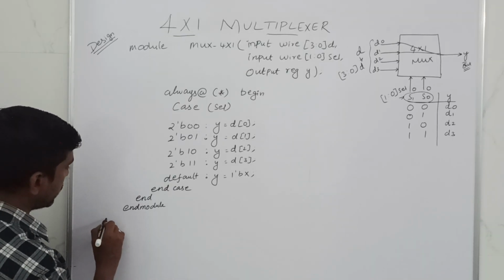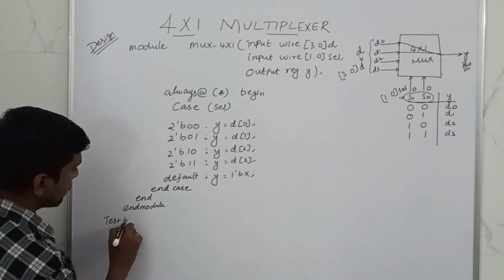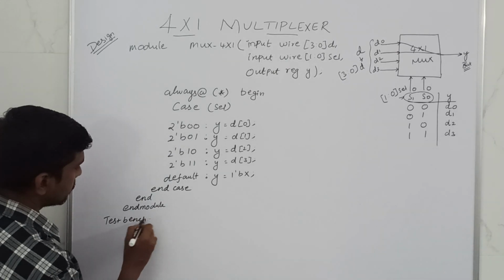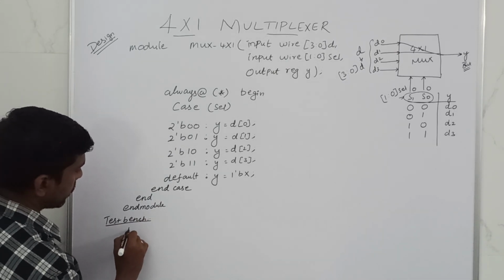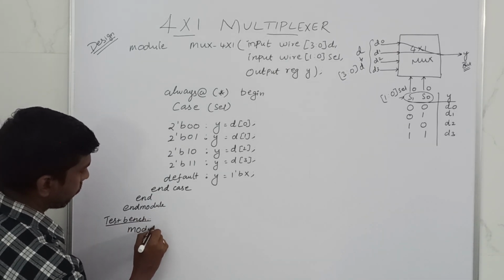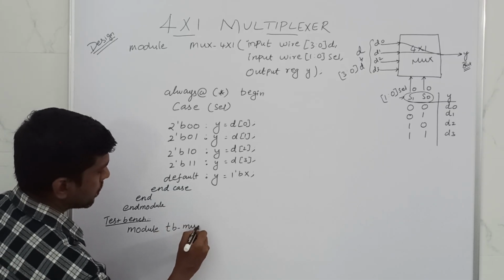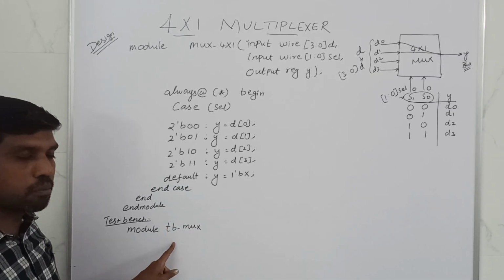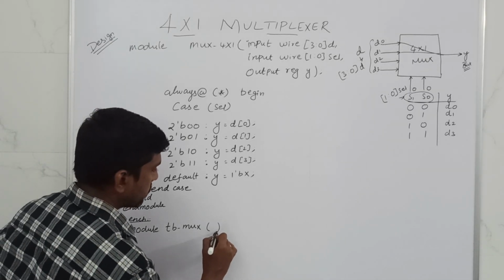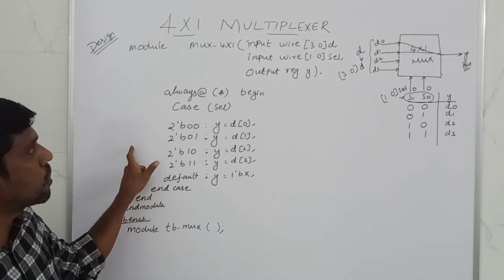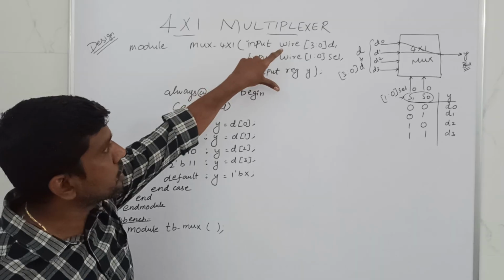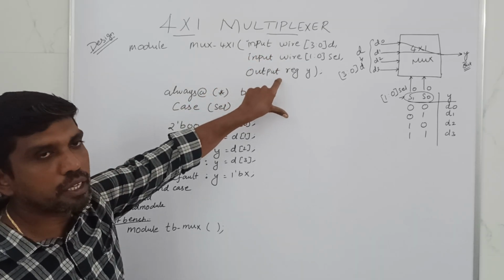Now I am going to write the testbench code. As usual you write module, then the module name tb_mux. So tb_mux is the module name. In the design code, input is declared as wire and output is declared as reg.